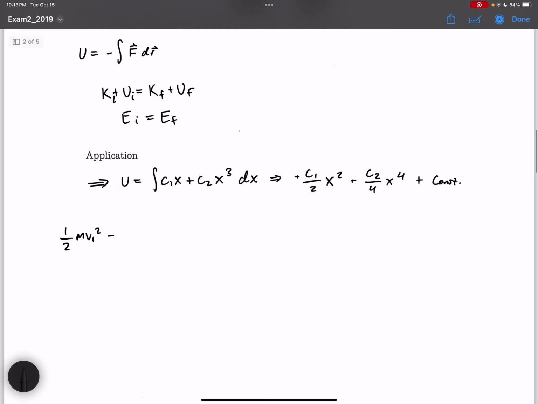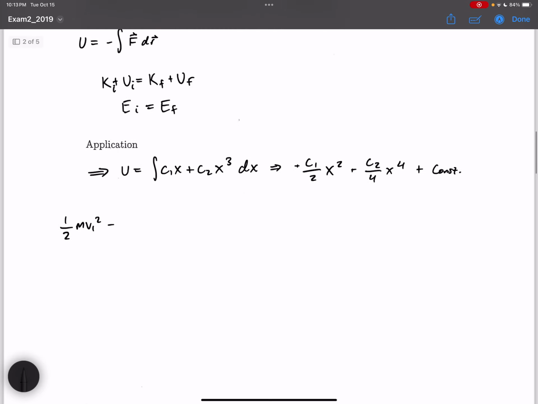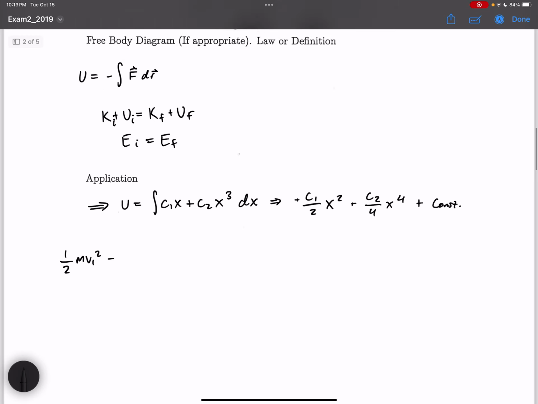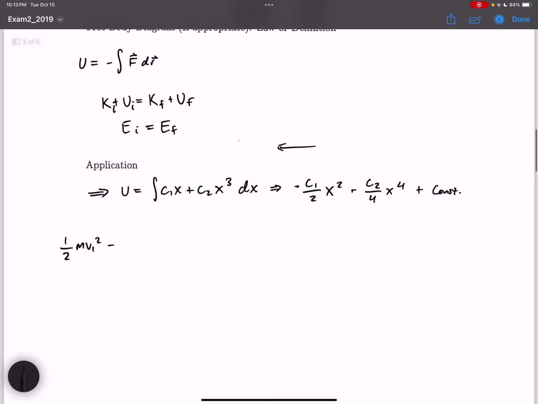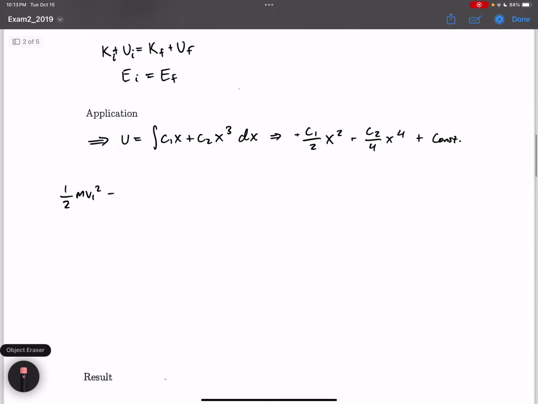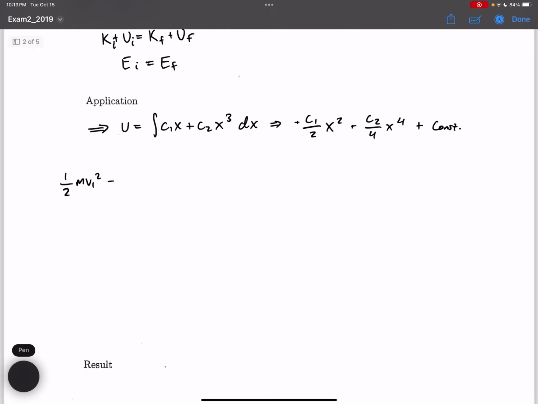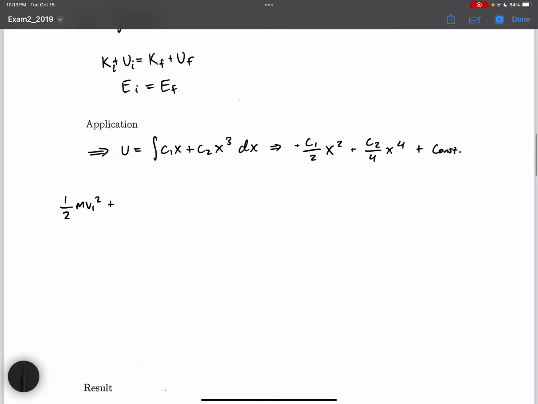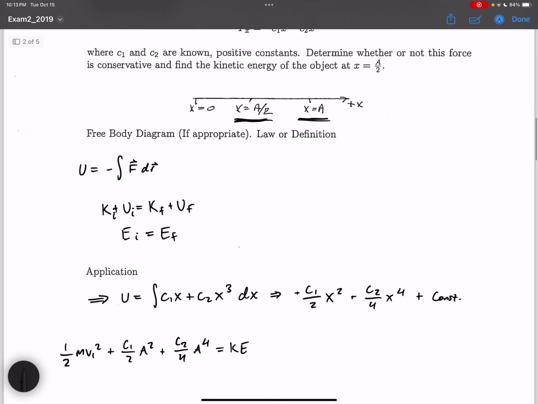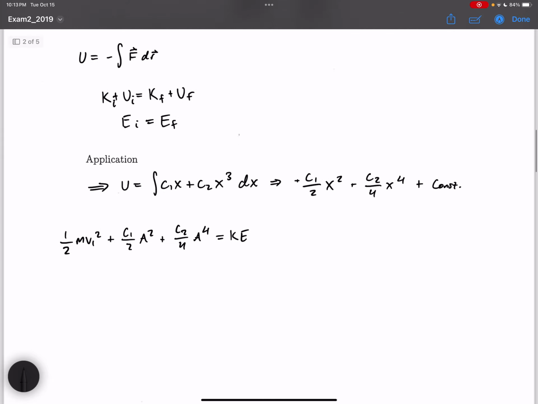Apologies for that. I made this negative because the force is pointing to the left, so it's negative in the negative x direction. So we have kinetic energy plus c1 over 2 a squared, because that's where we're starting, x is position, plus c2 over 4 times a to the 4th power. That's going to equal the kinetic energy at a over 2, which is what we're solving for.